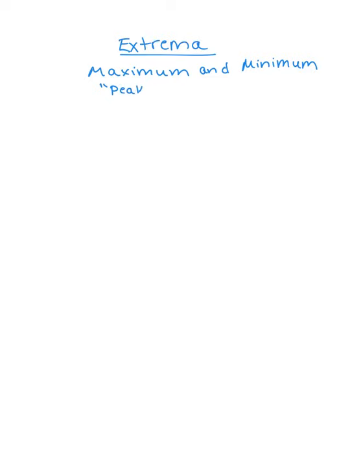I call it a peak of a mountain. So if I had a graph like this, the point up here would be my maximum. If I had a parabola like this, my minimum would be down here, and I tend to call it a valley. Okay, so you have a peak and a valley, your maximum and your minimum.